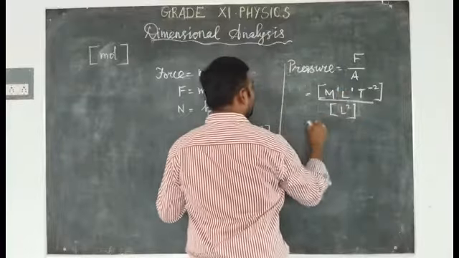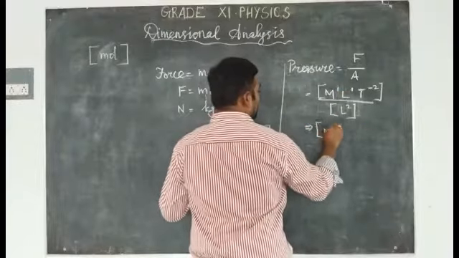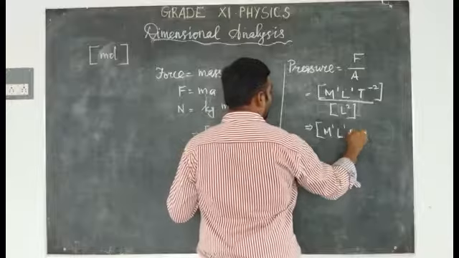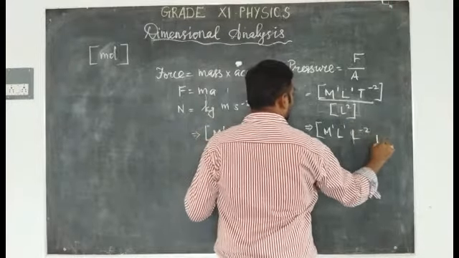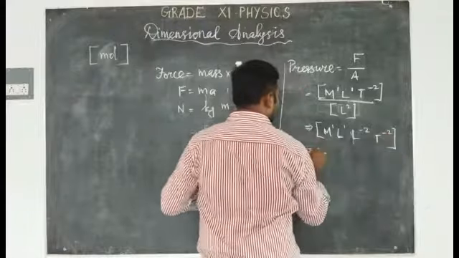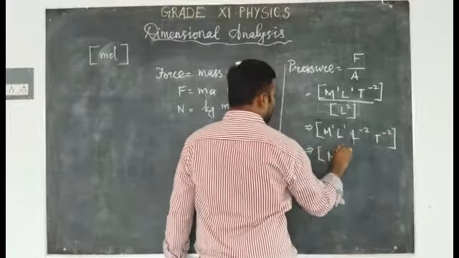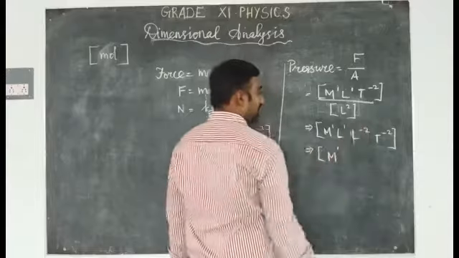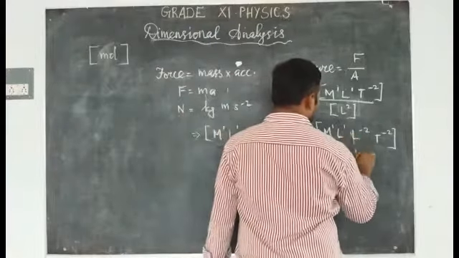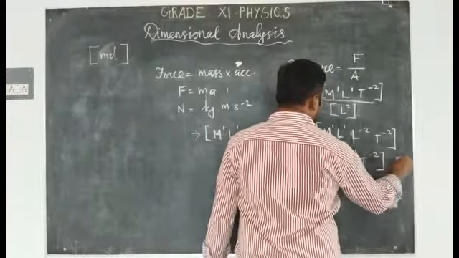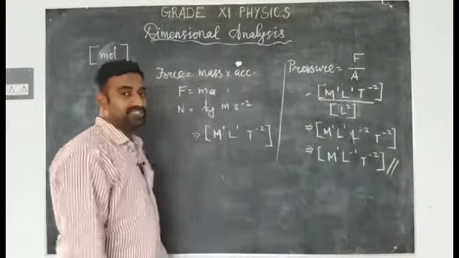This denominator value we bring to numerator, then M power 1, L power 1, this L square becomes L power minus 2, and T power minus 2. Then finally M power 1, a power m into a power n is a power m plus n, no. So L power 1 plus minus 2 becomes minus 1, and T power minus 2. So this is the dimensional formula of pressure.